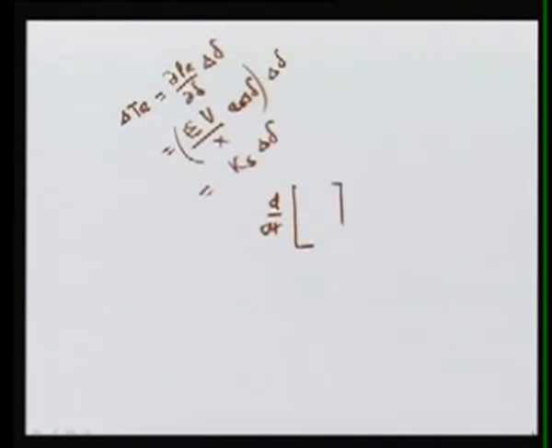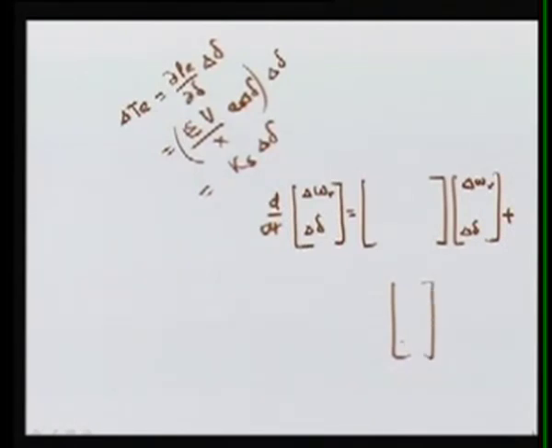Here I can write the state space form: d upon dt of change in omega r and change in delta will be equal to a 2 cross 2 matrix, times our states, change in omega r and change in delta, plus a vector that is a B matrix, times the change in Tm.